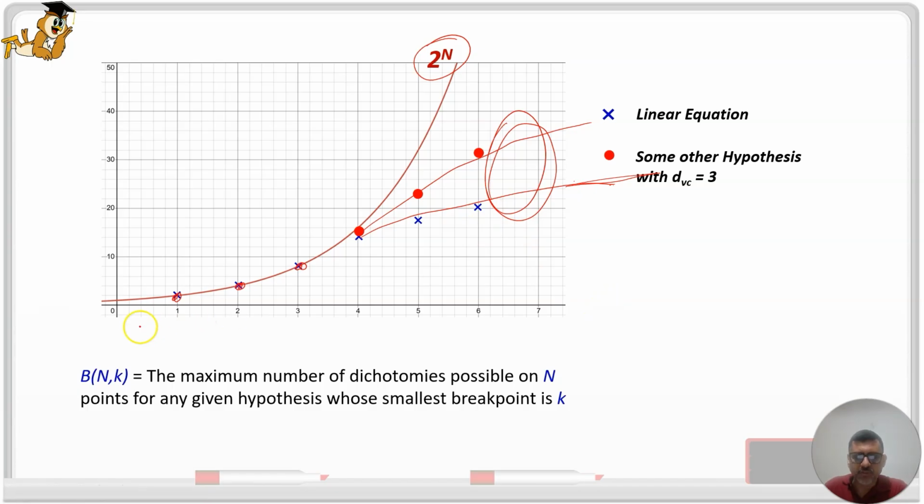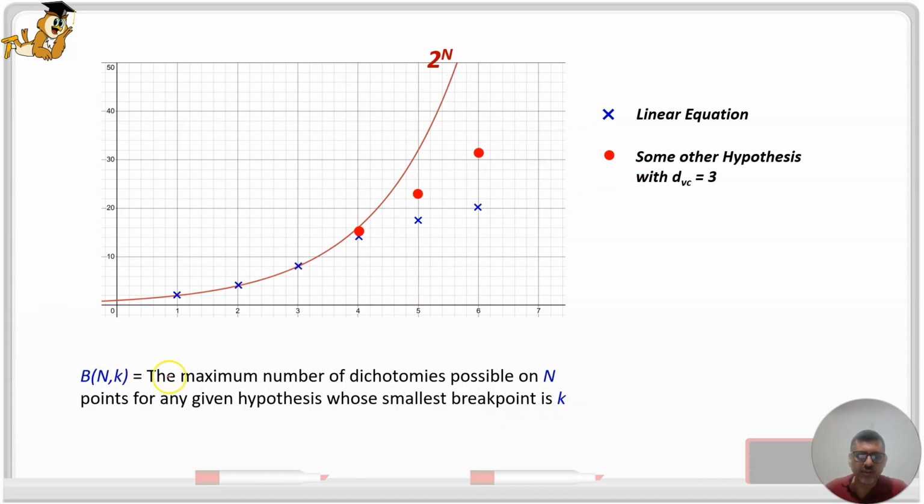We will define B of n comma k. B of n comma k is the maximum number of dichotomies possible on n points for any given hypothesis whose smallest breakpoint is k. It's exactly the growth function mh of n, except that we are introducing a parameter k, and therefore we are defining this new notation.